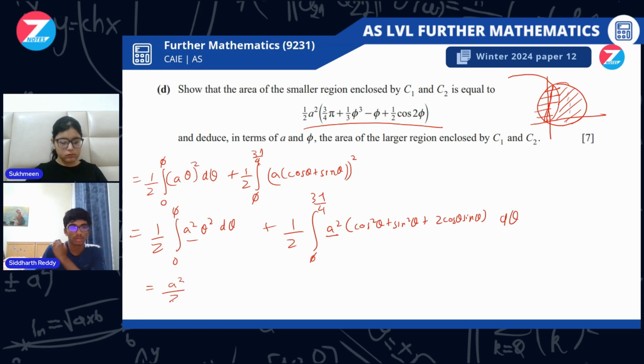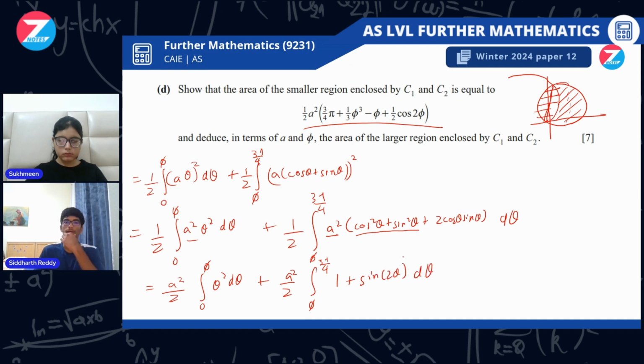So we get a square by 2 into the integral from 0 to phi of theta square d theta, plus a square by 2 into the integral from phi to 3 pi by 4. Cos square plus sine square theta is just 1, so 1 plus 2 cos theta sine theta. And this 2 cos theta sine theta we can write as sine 2 theta. It's given in the formula sheet like that. So now we just evaluate the integral.